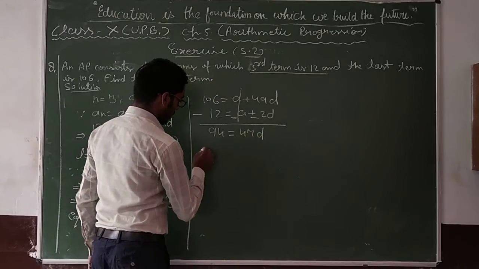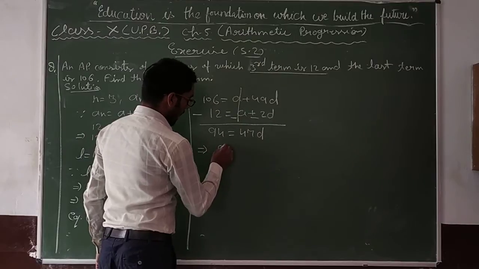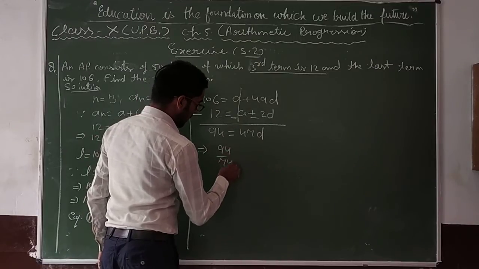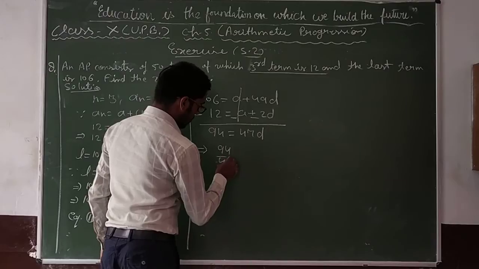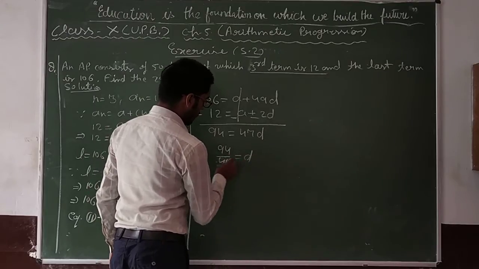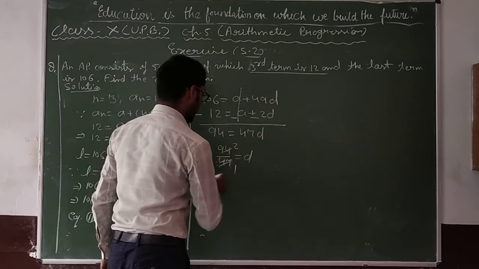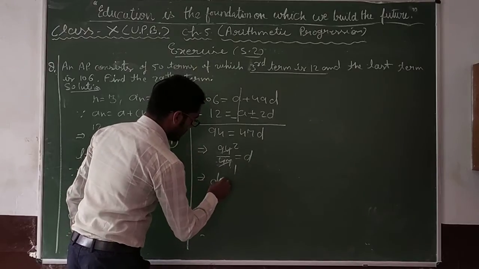Now 94 upon 47 is equal to d. 47 twos are 94. Then d is equal to 2.